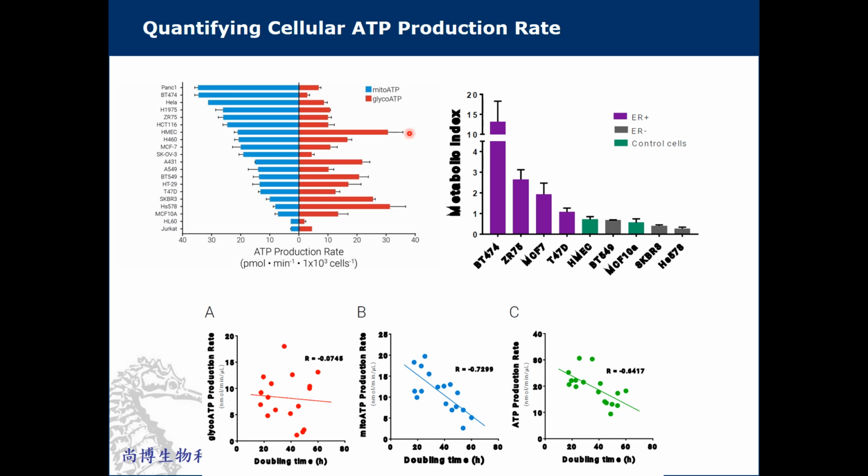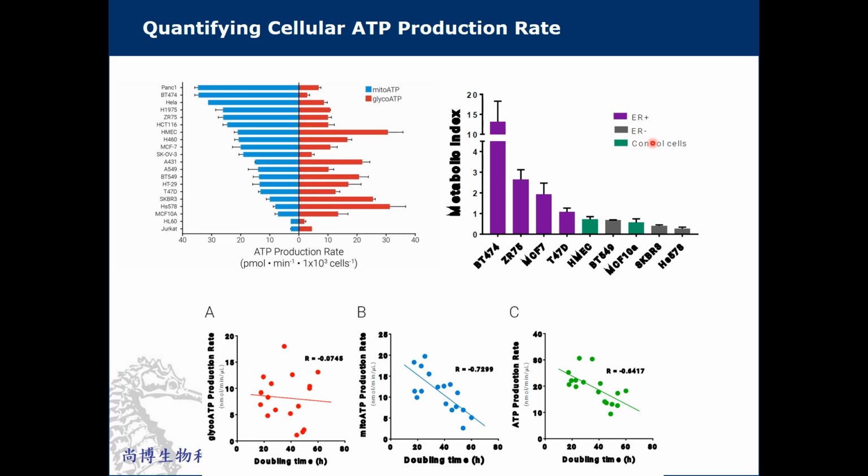And here is another good example. Here we make a metabolic index, mito ATP divided by glyco ATP. We try to figure out breast cancer cells. One expresses the estrogen receptor, and the other does not express the estrogen receptor.